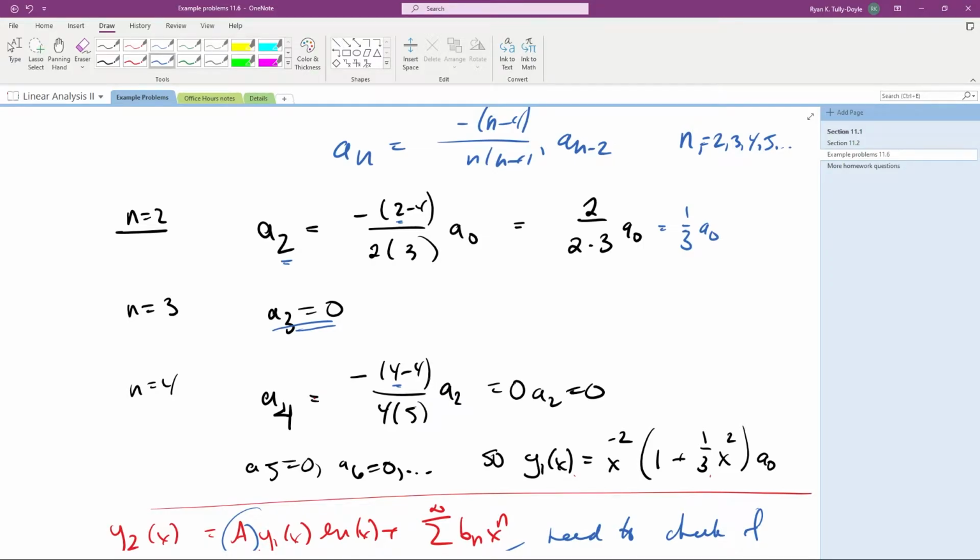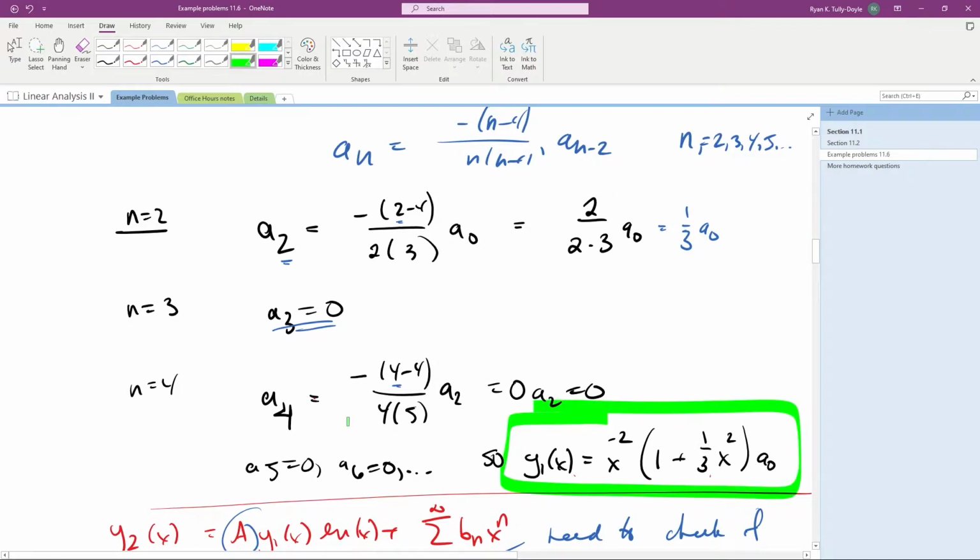But if a4 is 0, then a6 is 0, and a8 is 0, and a10 is 0. So this answer is actually just a polynomial. In fact, it's this polynomial. The x to the -2 is the x to the r1. And we have factored out the a naught, but this is just a naught, and that's a2 x squared. You can see it right here.